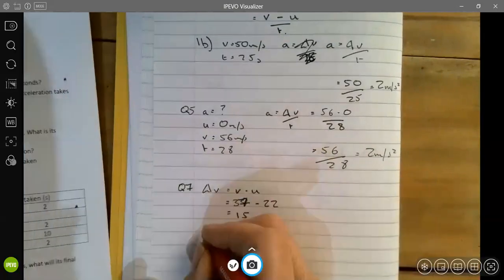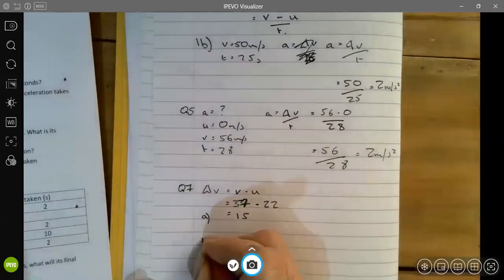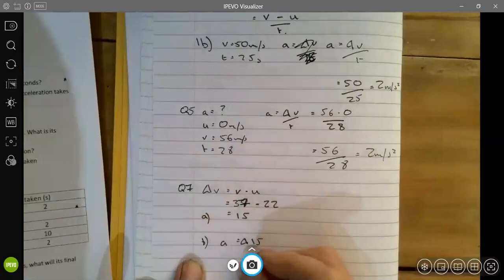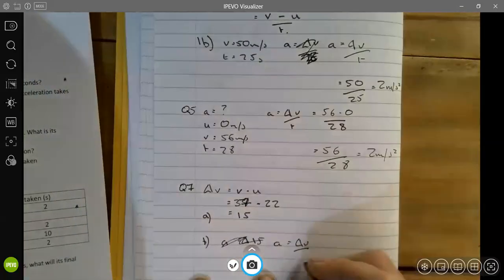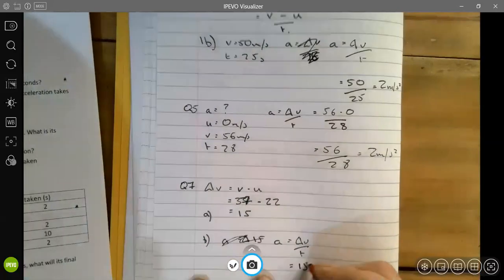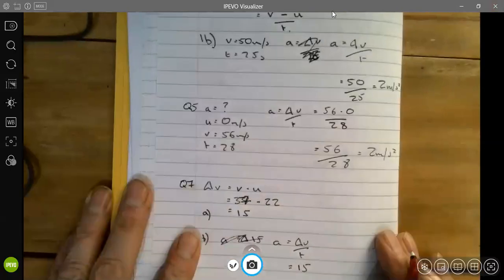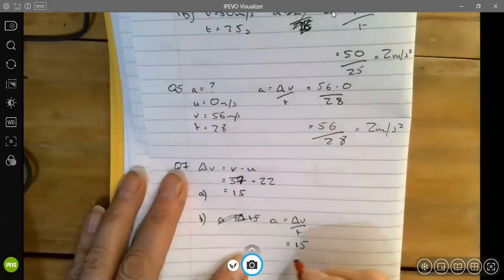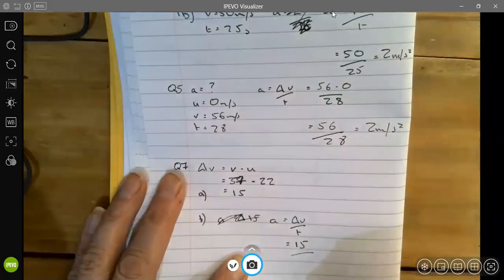So that's question A. Now we're doing question B and finding acceleration. Acceleration is the change in velocity. A is equal to change in velocity over t, which in this case is 15 divided by time, which in our case, looking at the question, is 2 seconds.